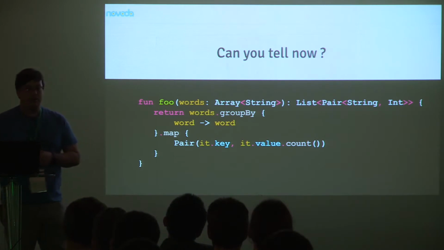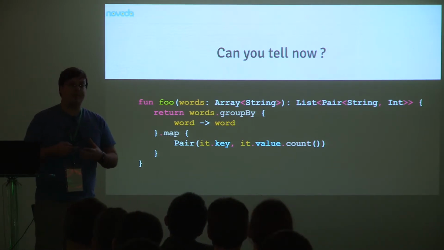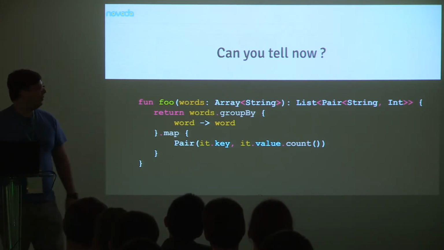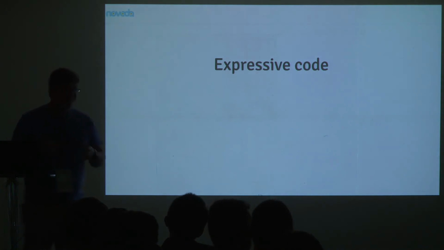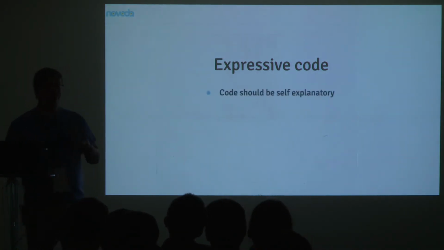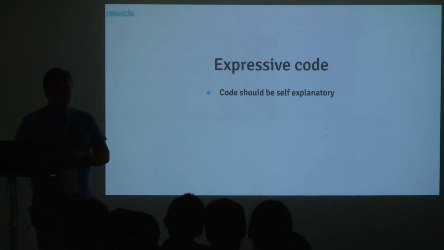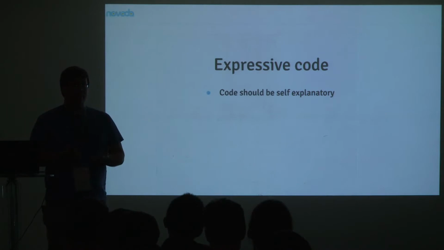So this is an example of why functional approaches might be more concise, might be more expressive than their imperative counterparts. So this is a more expressive piece of code. And you might have heard, you know, code should be self-explanatory, comments are bad, all that. Yeah, true. But code should be self-explanatory doesn't mean the method name should tell you everything.